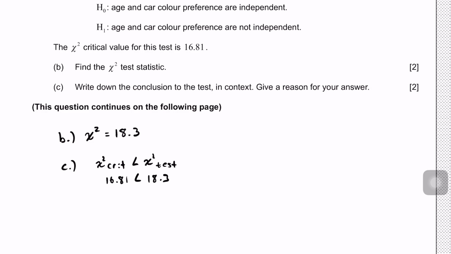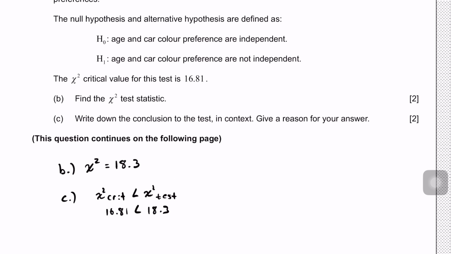In a real-world context, or I mean just explaining this statistic a little more, it means the difference between the observed and the expected is greater than what we're willing to tolerate. This is how much difference between the observed and the expected we're willing to tolerate. We have more than we're willing to tolerate, which means that we reject this idea that the car color preferences are independent, because it looks like they're actually influencing one another, or there's some kind of relationship between them.